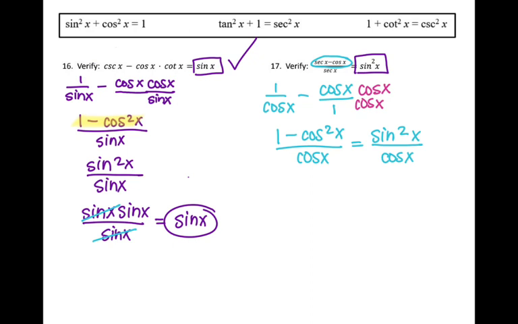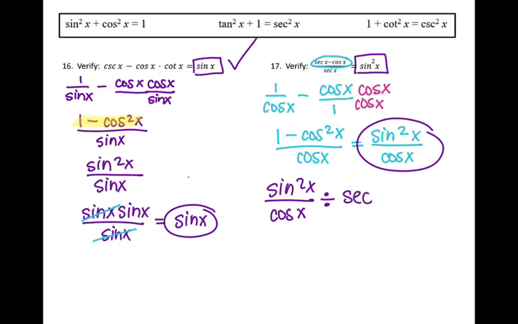Okay, so now I'm going to bring it together. I have my numerator, which is sine squared of x over cosine. And I am dividing by secant. Secant I can replace with 1 over cosine. So I have sine squared of x over cosine divided by 1 over cosine.